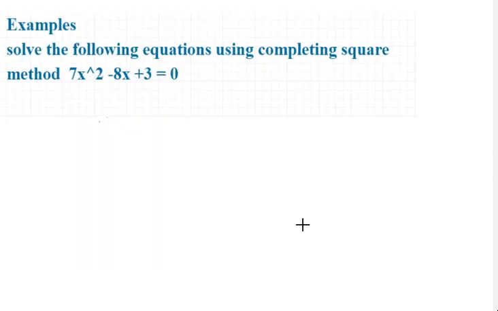Let's see some examples of this. Solve the following equation using the completing square method. The equation is 7x squared minus 8x plus 3 equals 0. The first step is to isolate c, to take c to the other side of the equation.